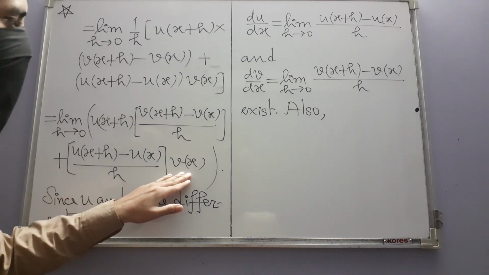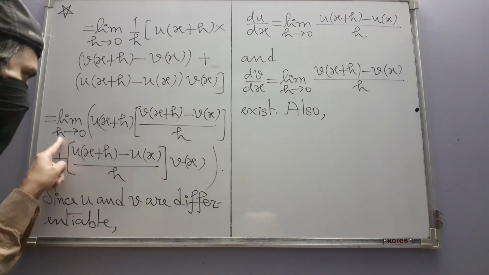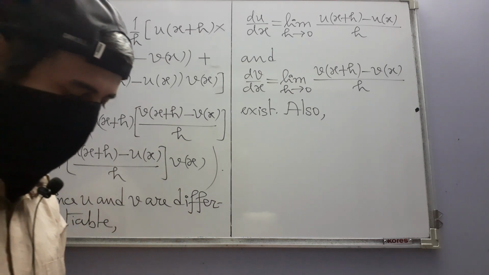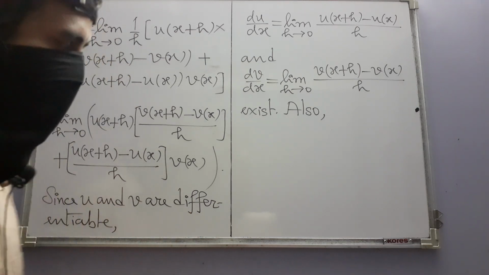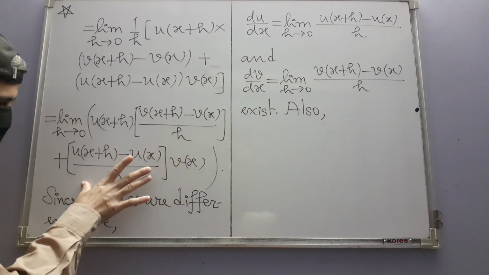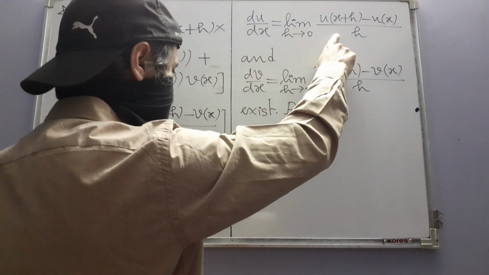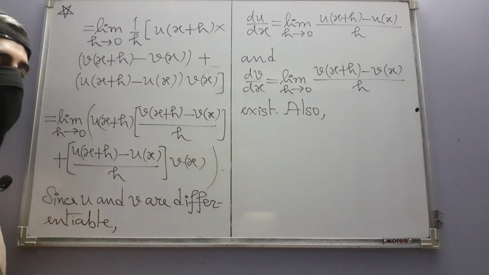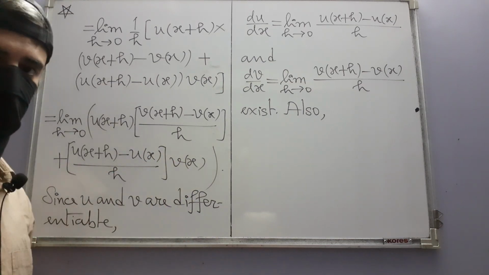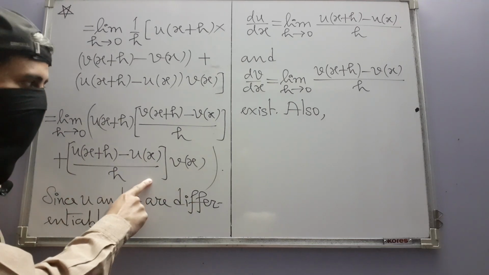That, however, is in fact a constant with respect to the variable h, because x and h are independent of each other. As h is approaching 0, x is not changing. So, you can treat this term as a function whose limit exists times a constant. So, obviously, this product also has a limit and is equal to v of x times the limit of this.